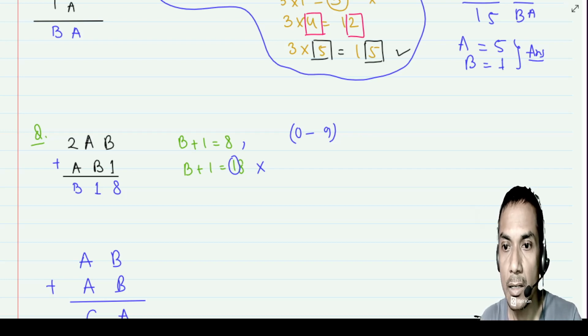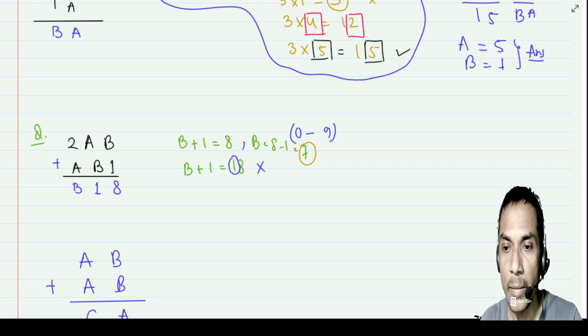From here, what is B? B is equal to 8 minus 1 is equal to 7, correct. So now we are confirmed that B is actually 7. When you get B is equal to 7, you put the value directly.